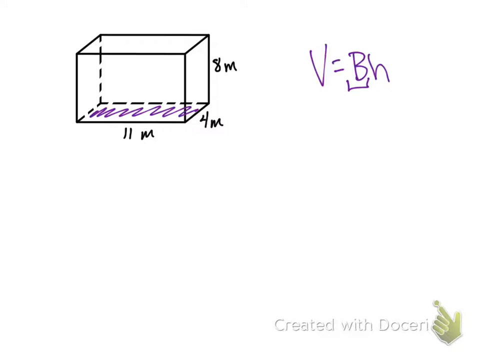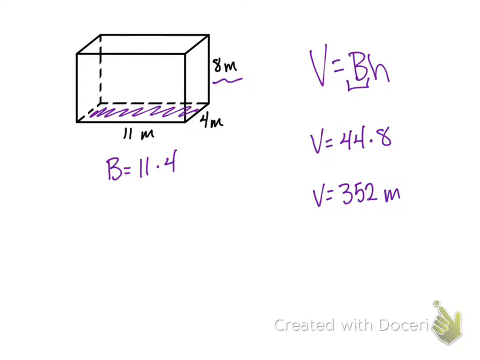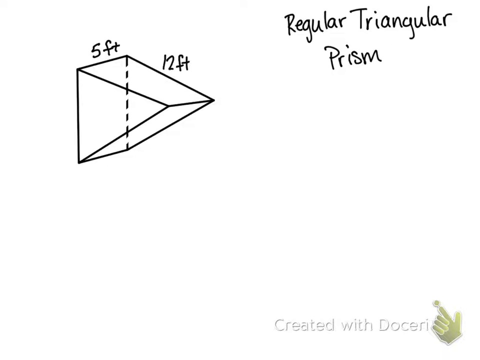So we take 11 times 4, which is 44, and we multiply that times the height, so our volume is 44 times 8, and 44 times 8 is 352, so our volume is 352 meters cubed. Because we are three-dimensional, we have meters cubed in this case. There's our answer.